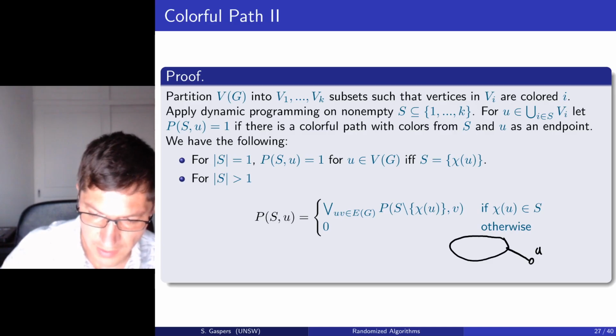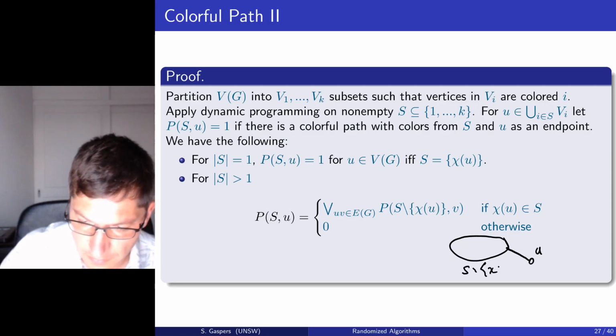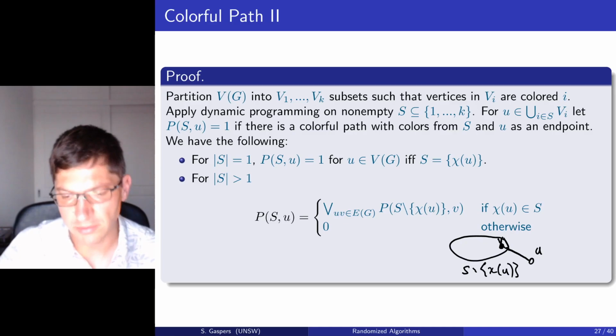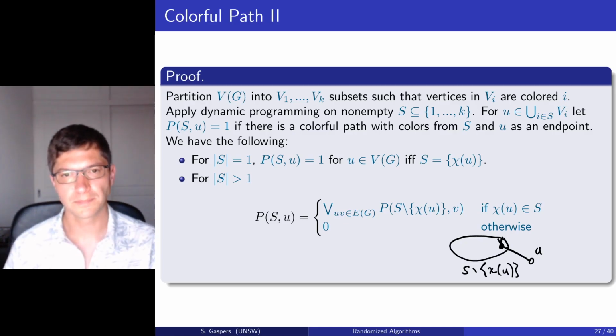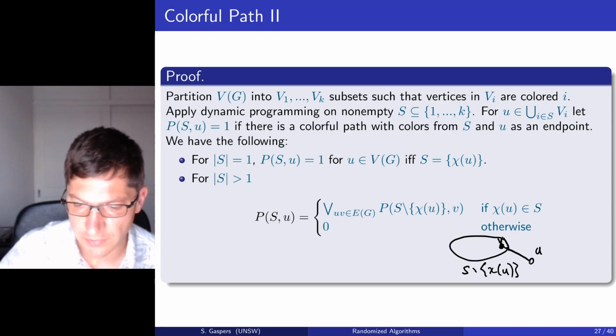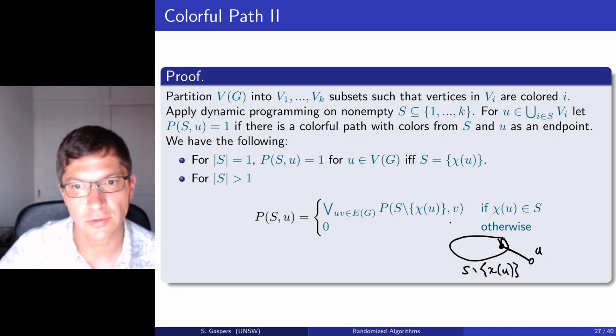The remaining path cannot be colored with U's color, so we remove the color of U. And it must end in some vertex that's a neighbor of U, and it must use up the remaining colors. So we have a big OR over all the edges between U and some vertex V. And now we need a path that covers all the remaining colors and ends in V.